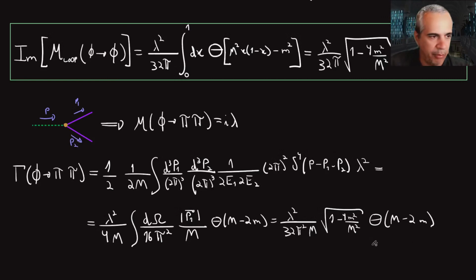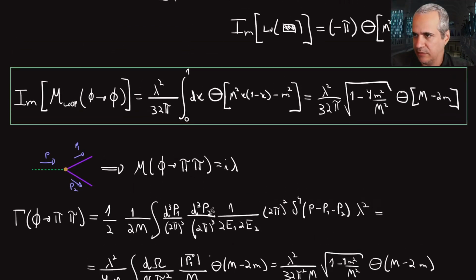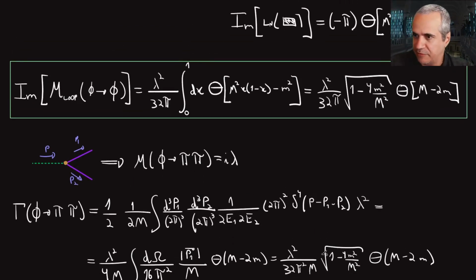And now we can compare this with this one. Let me see if I can find space. Yeah, you can see both on the screen, yes. So you see, I have the decay rate here and the imaginary part of the one-to-one scattering there.